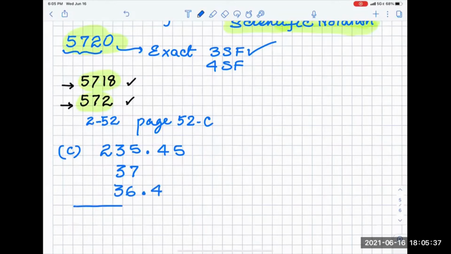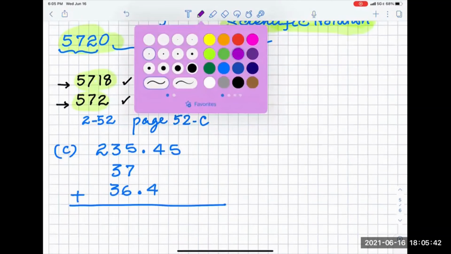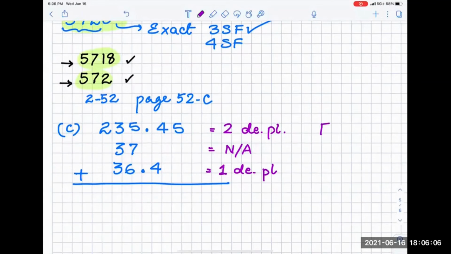You have to add all of these. So here it's addition and subtraction. There are 2 decimal places in this one, 1 decimal place in this one, and this 37 is kind of an exact number, so the decimal place doesn't apply. So your final answer should have only 1 decimal place, because that's the lowest one.